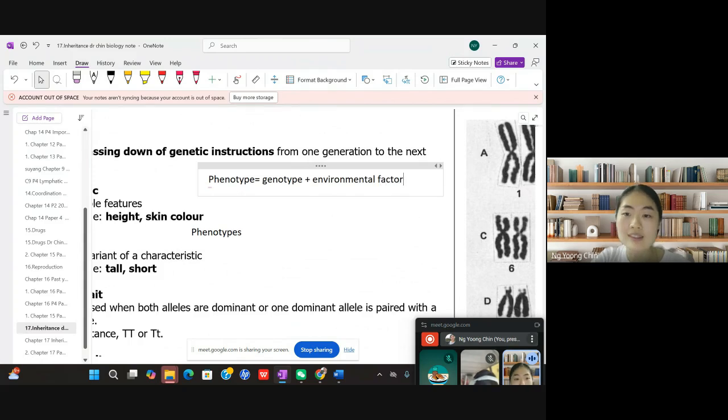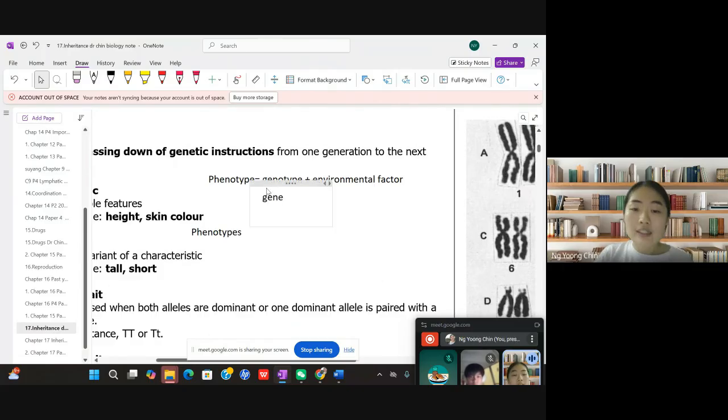So what does this mean? Okay, you can just imagine, right? Phenotype is the physical expression of that gene. Genotype just refers to the gene, okay? The genes, right, we call genotype.